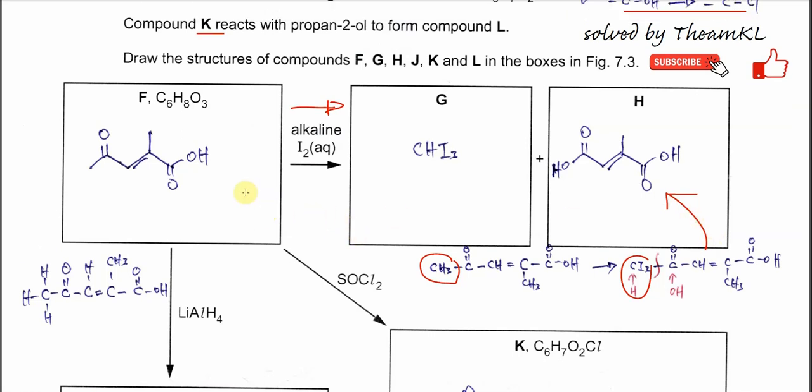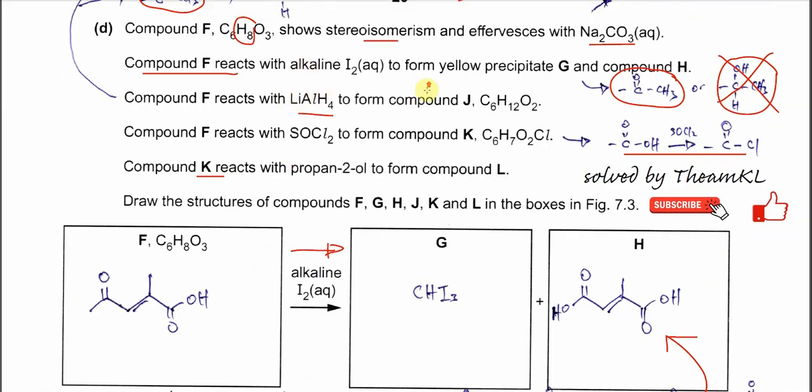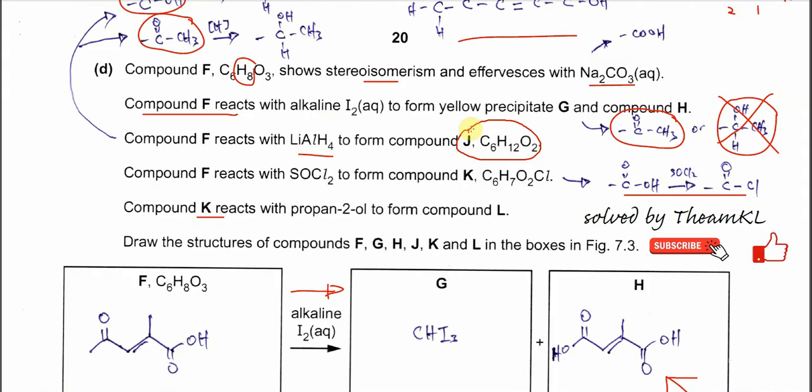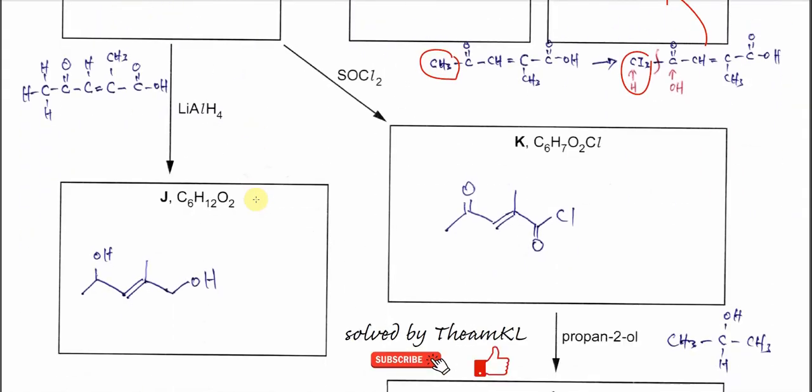Now let's move on to the second statement: lithium aluminium hydride, which forms compound J. Compound J is C6H12O2, so now it's quite clear.